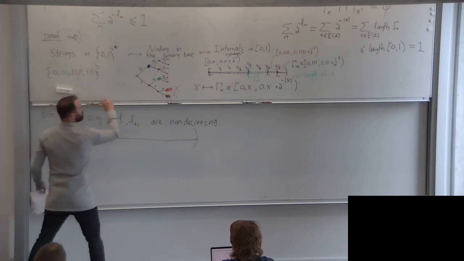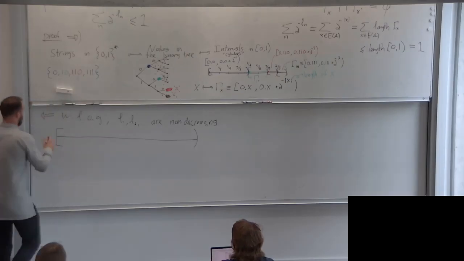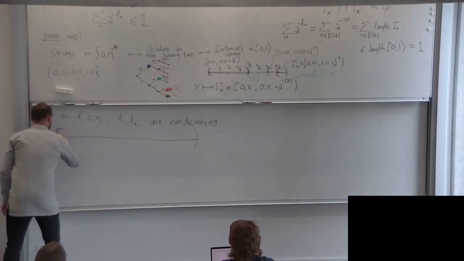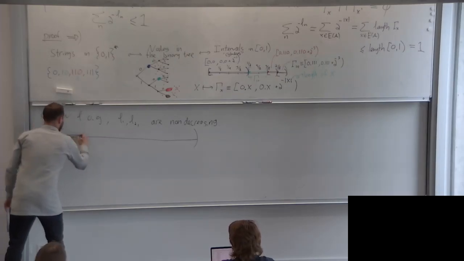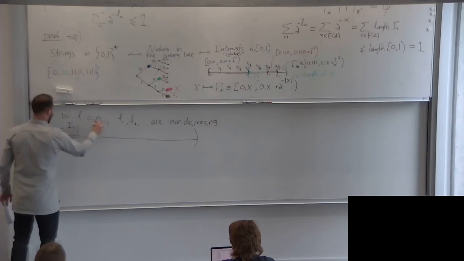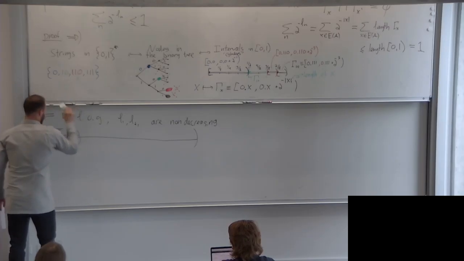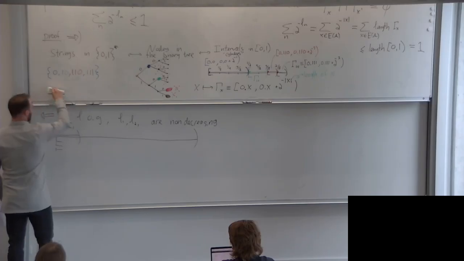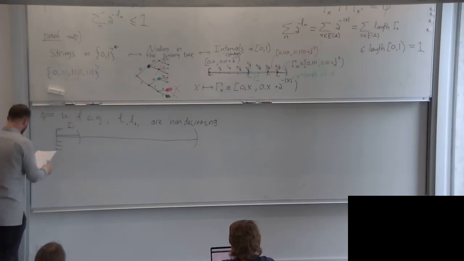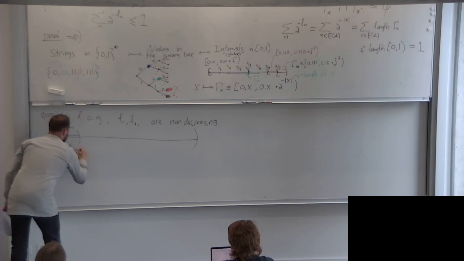And we're going to have a first code word that is going to be represented by some interval I1. And as you might have guessed, it will have length 2 to the minus L1.